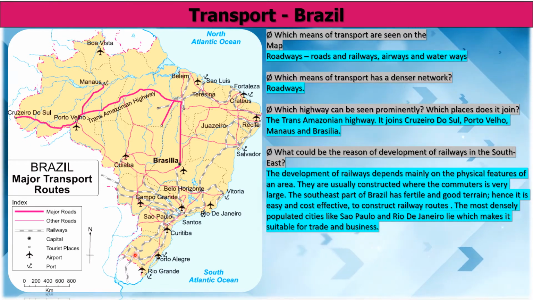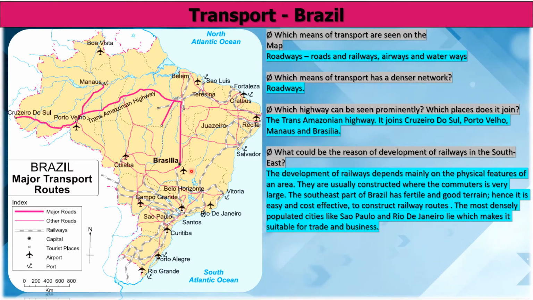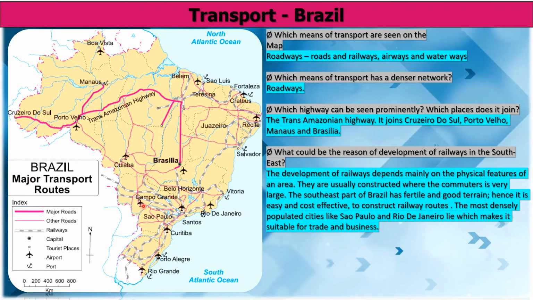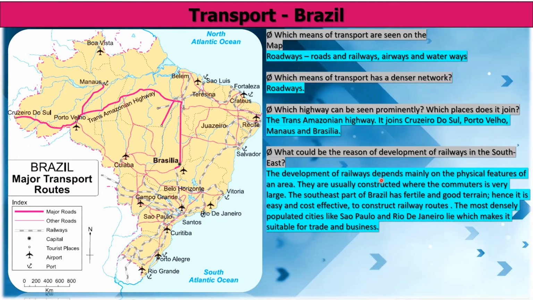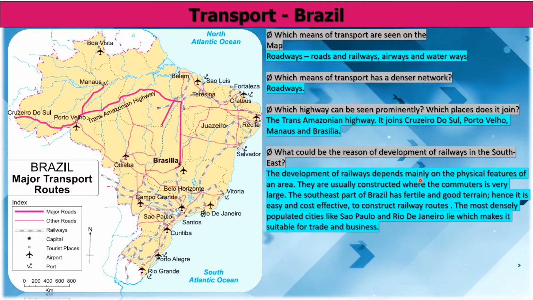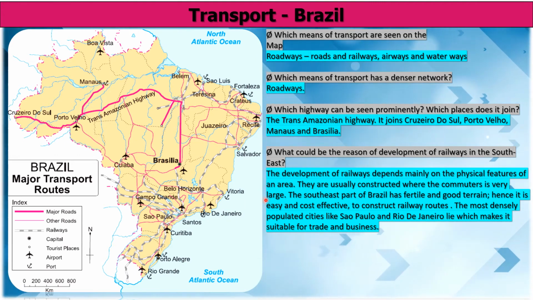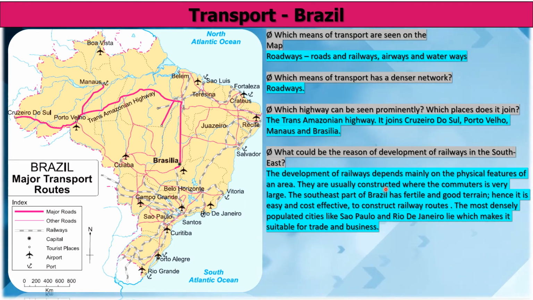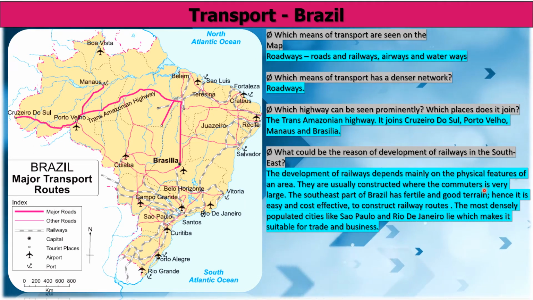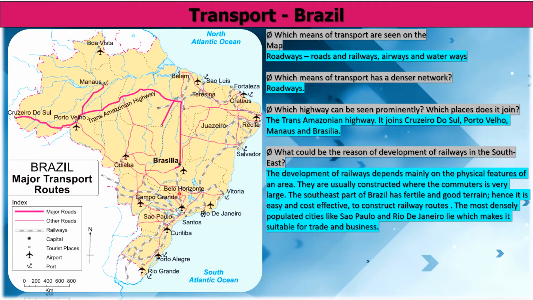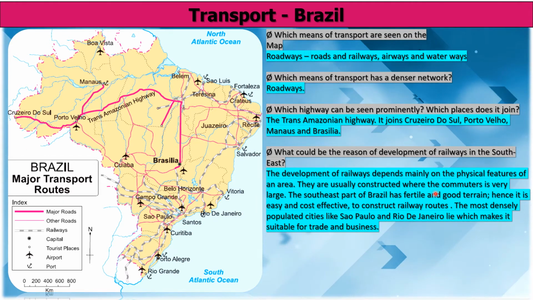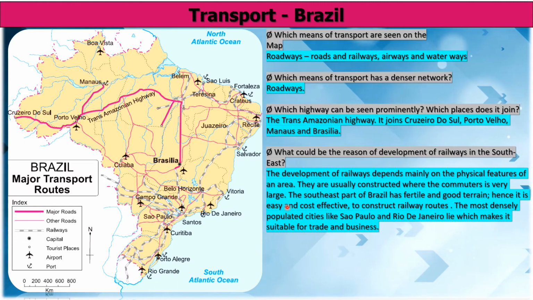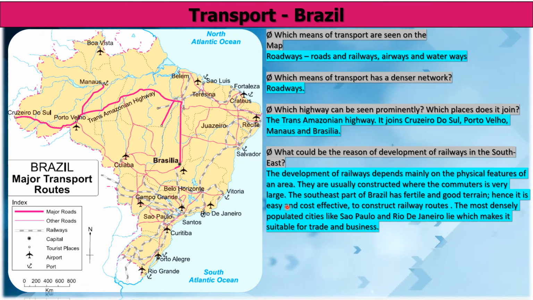Now they have asked the reason as to why they have developed in this particular area. Now the development of railways depends mainly on the physical features of an area. They are usually constructed where the commuters are very large, or we could say where the population is more.